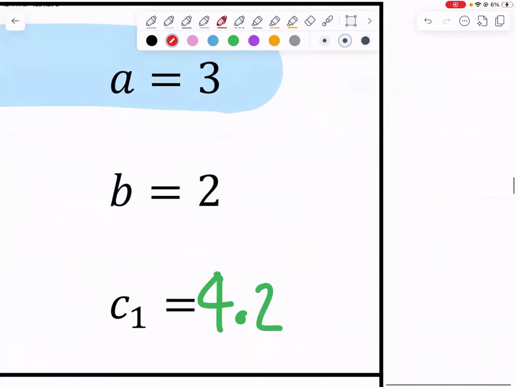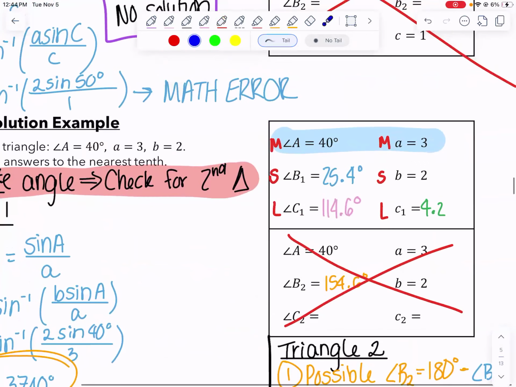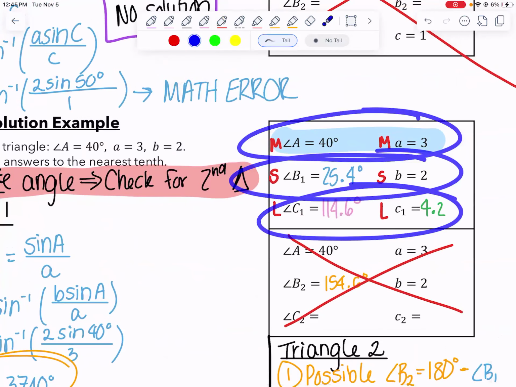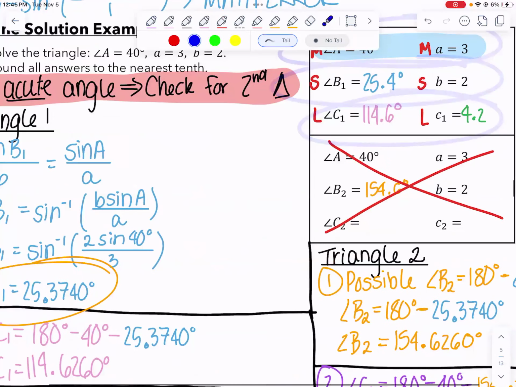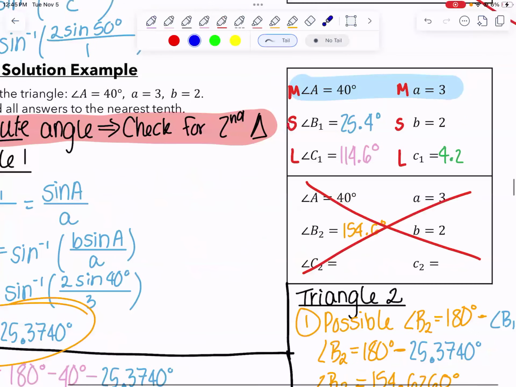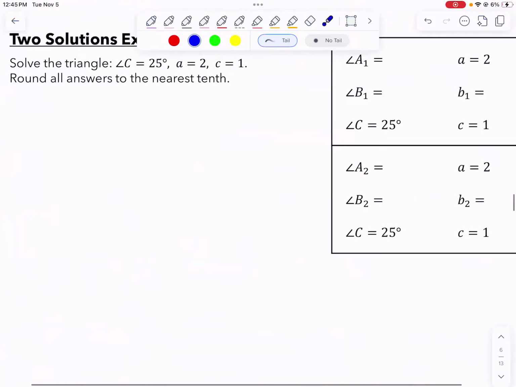If I just look at the numbers here, B is the small, A is the medium, C is the large, and then we just make sure that they match up. So mediums, smalls, larges, yep. And then there was no answer there for that previous one. So just a little bit of a check. It's one way to catch a mistake easy.